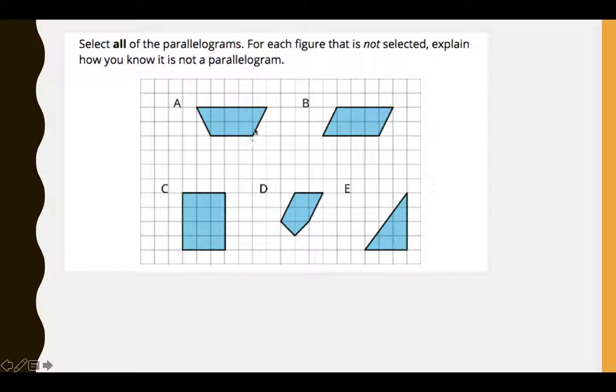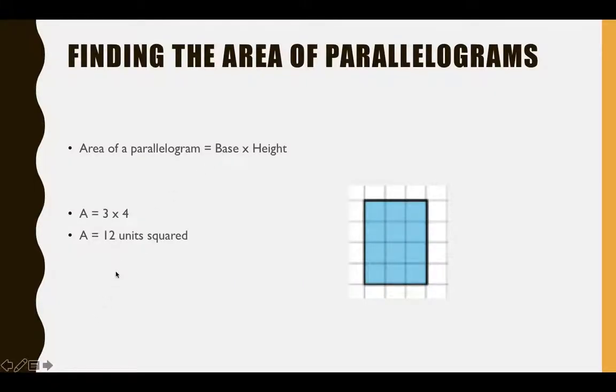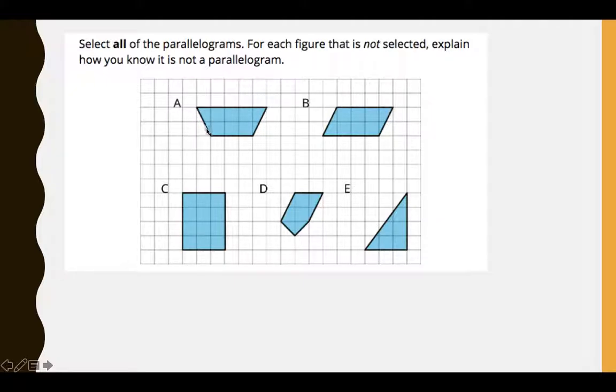Well, if I were to extend these lines, I see that those lines would eventually touch. They would make contact with one another. So I can confidently say that this is not a parallelogram because the opposite sides are not parallel. One set of opposite sides are, but the others are not. So A would not qualify as a parallelogram.